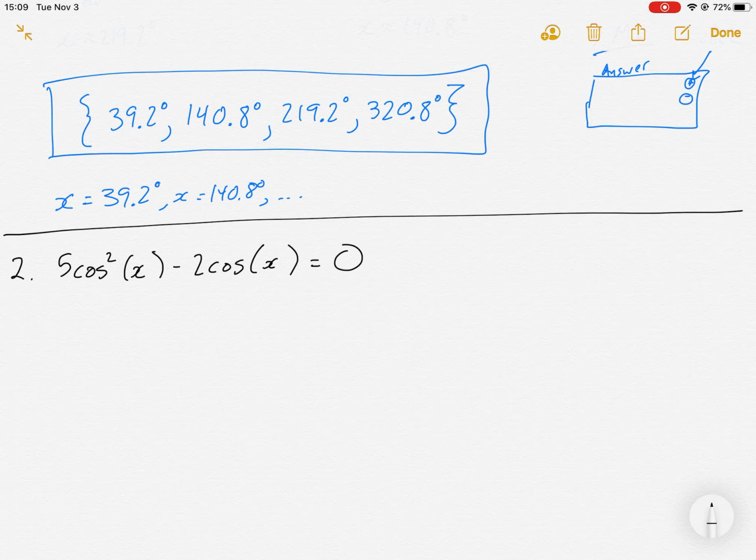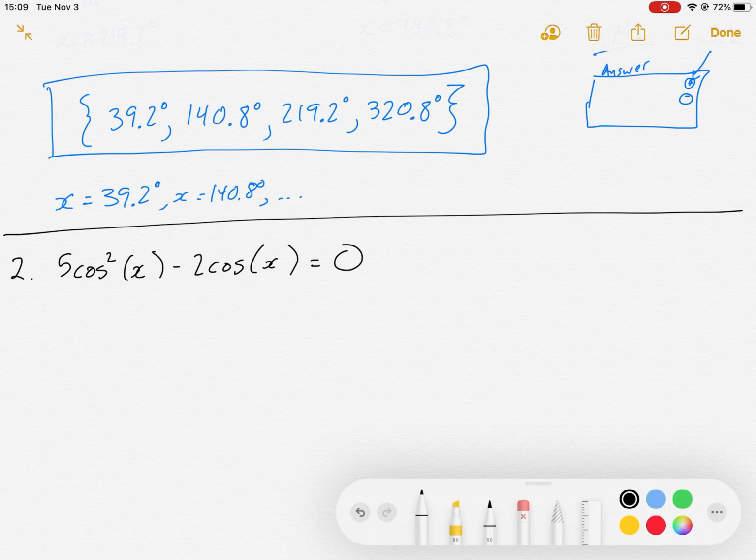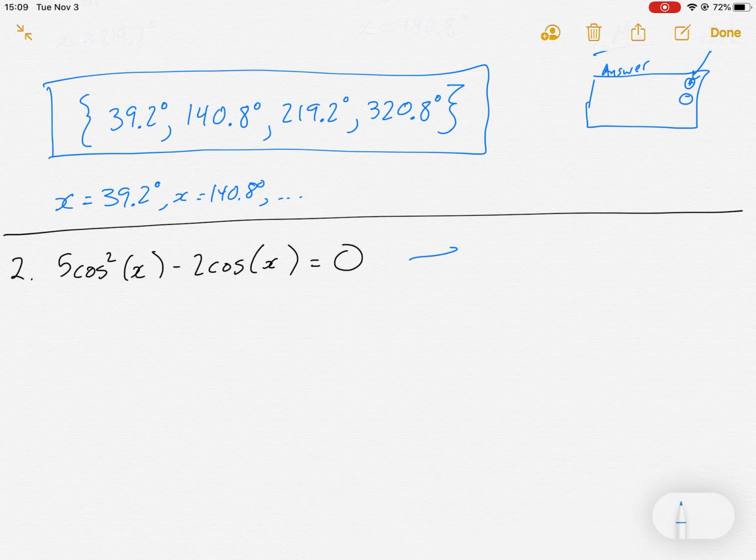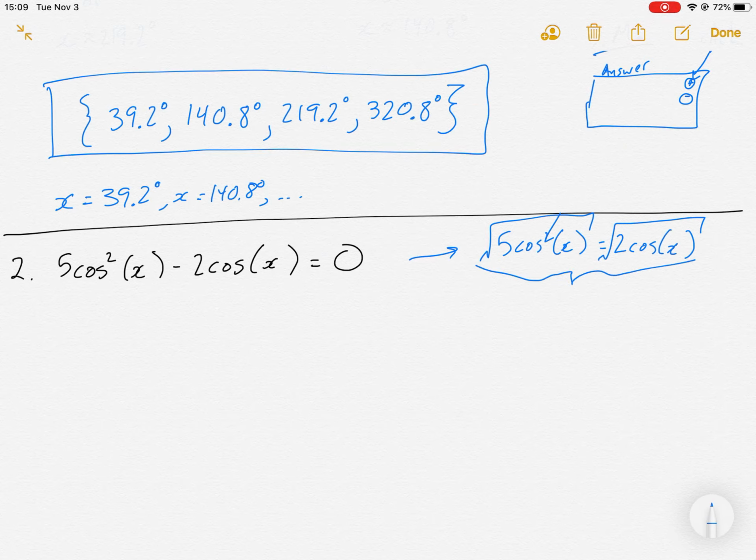Now in this case, if I add the 2 cosine over and then take the square root, I still have cosines on either side. It doesn't really make sense to take that square root, because yes, it will get rid of that, but then we'll be stuck with a square root over there. So I didn't really break any math, but overall this is not helpful for the problem.